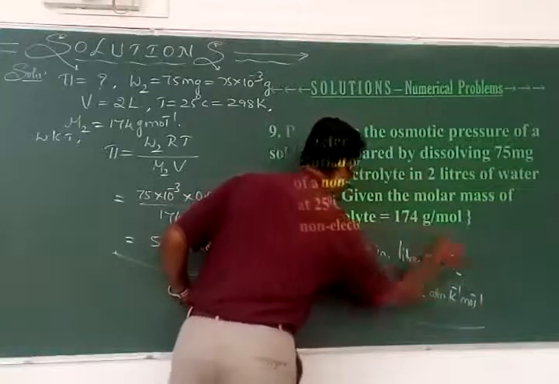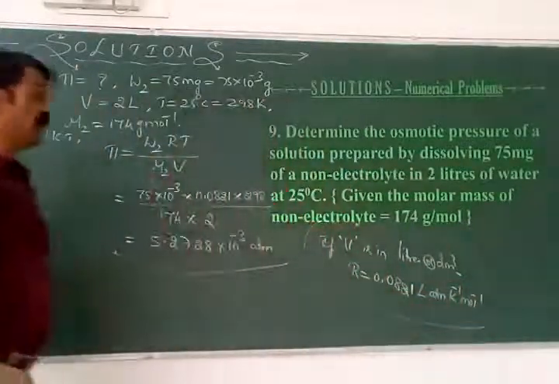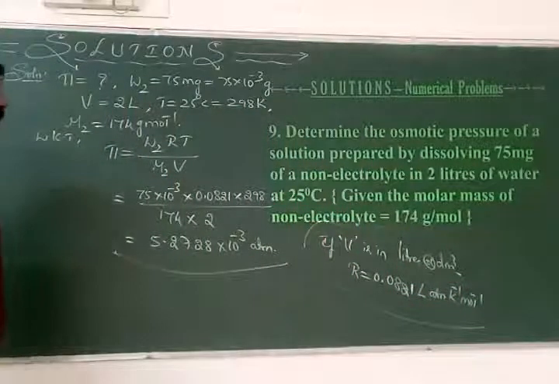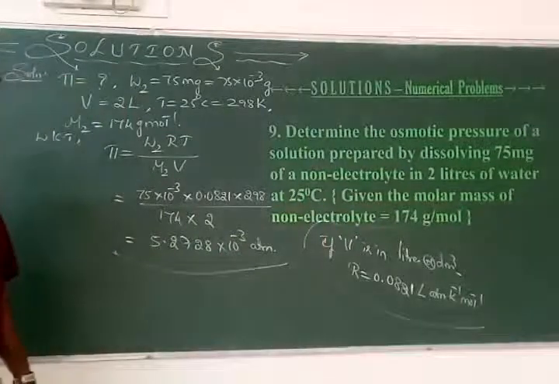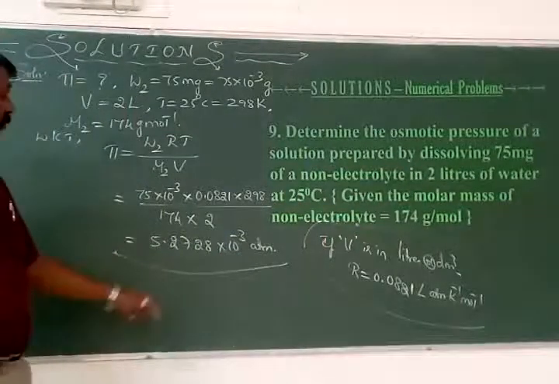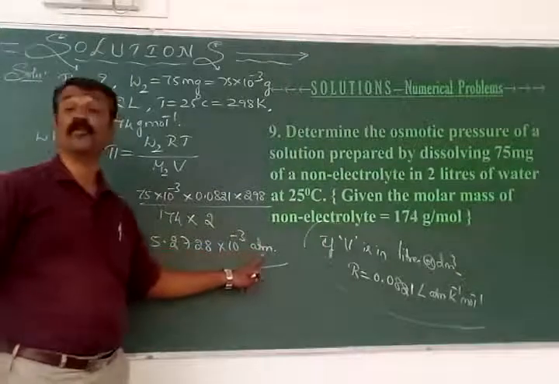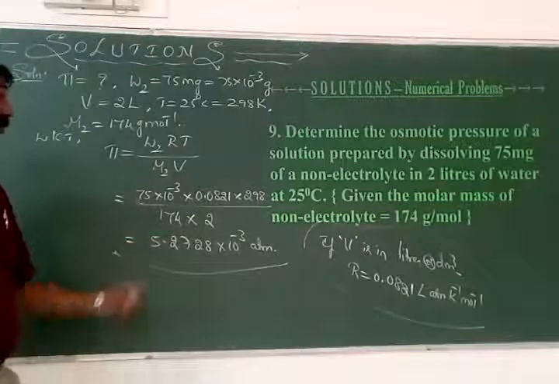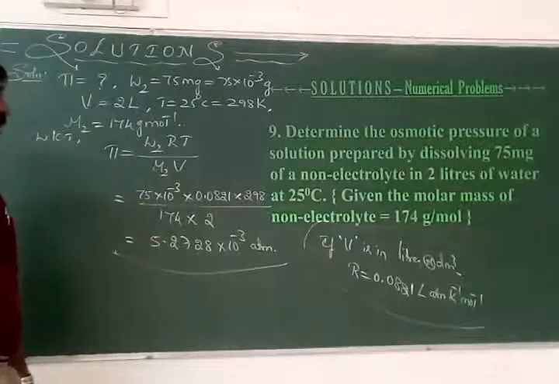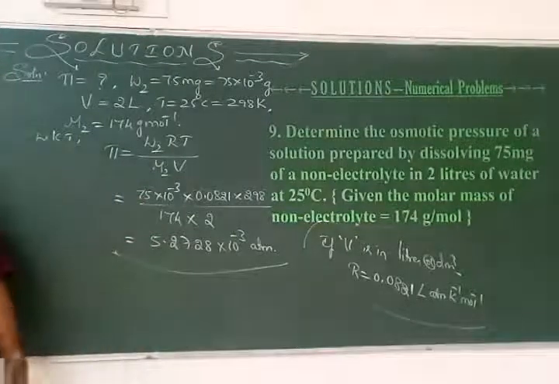So this you have to remember first. If the volume has to be expressed in liters, then R value is equal to 0.0821 liter atmosphere per Kelvin per mole. Therefore, the pressure unit with respect to this one is going to be atmosphere, and the value is 5.2728 into 10 to the power of minus 3 atmospheres. Okay.